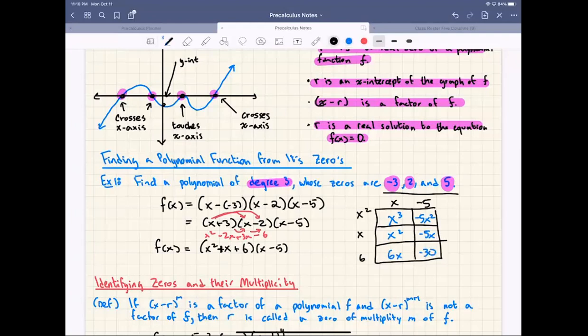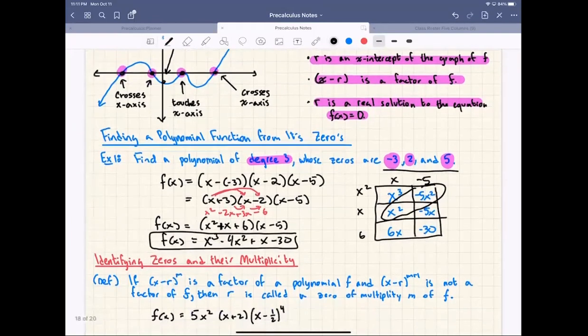So we're going to end up with our f of x equal to x to the power of 3 minus 4x squared plus x minus 30. So that's going to be our polynomial whose degree is 3 and zeros are -3, 2, and 5. All right.